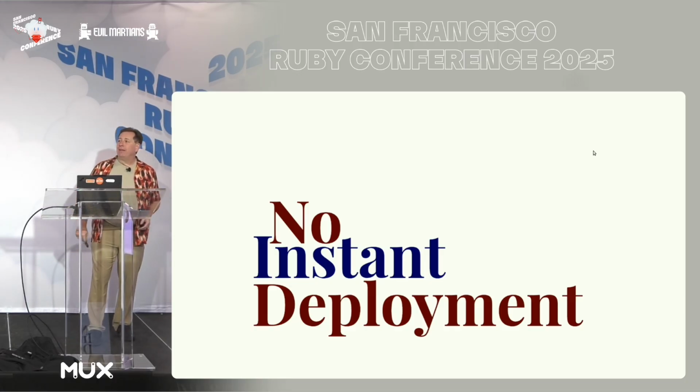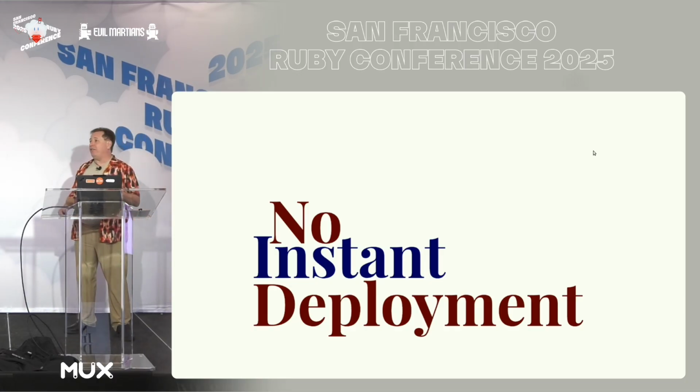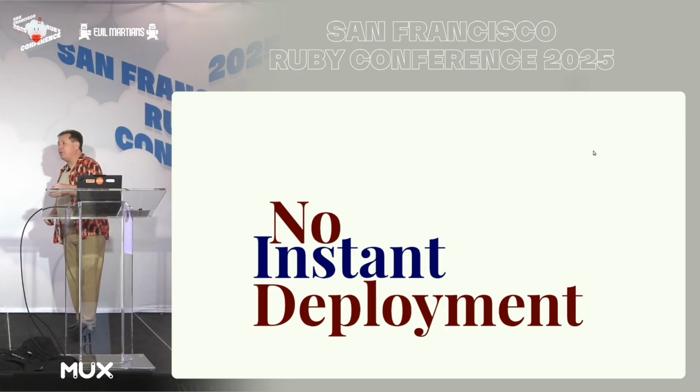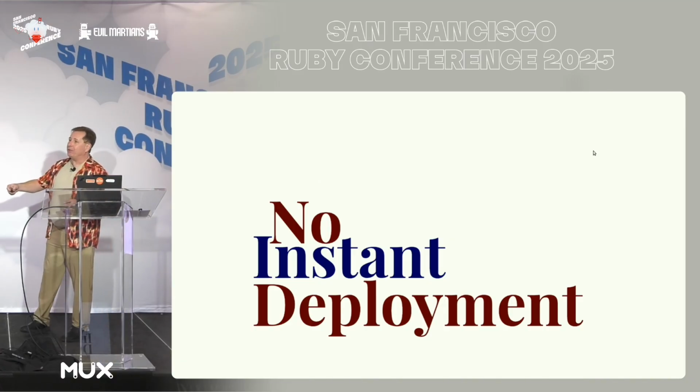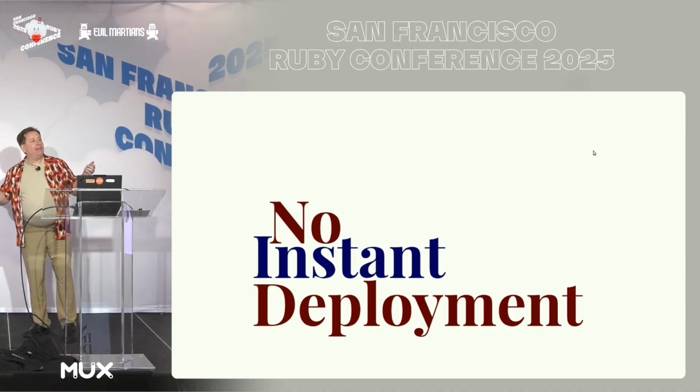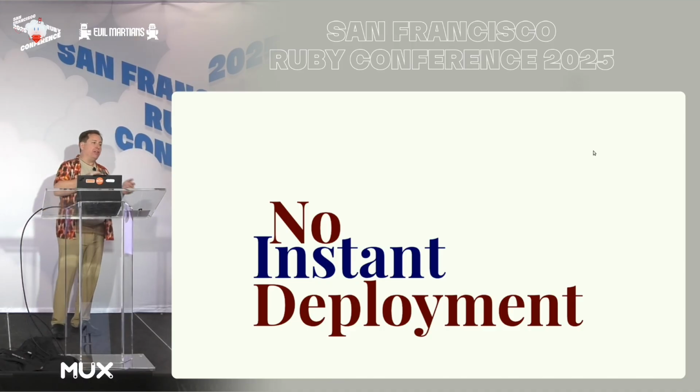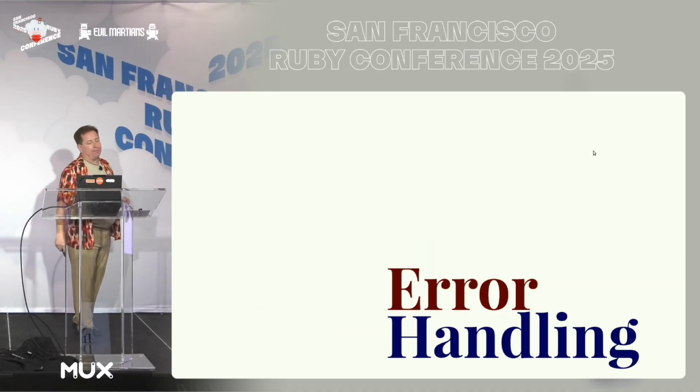Now imagine if every time that you added a feature to your website, your users had to update their browsers in order to use it. I mean, preposterous, right? But that's basically what the traditional CLI approach requires.